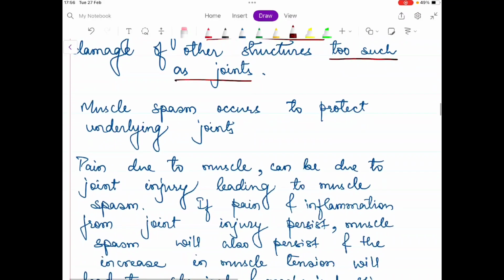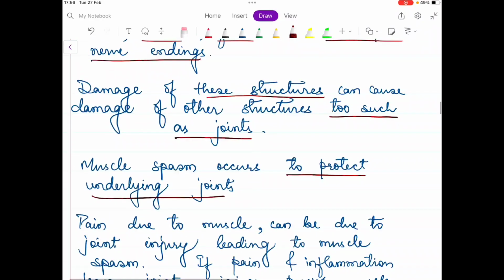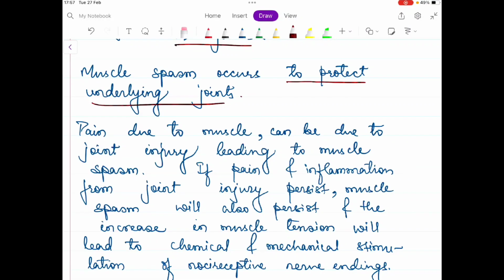Muscle spasm occurs to protect the underlying joints. When these structures are damaged, the muscle around that area gets into a spasmodic condition to protect the underlying joints.